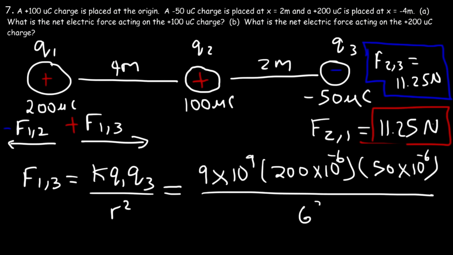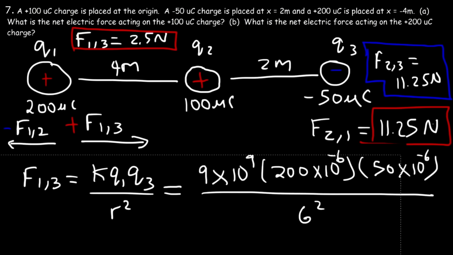So this is going to be 6 squared on the bottom. And so the force is going to be very small. So I'm going to write it over here. It's only 2.5 newtons. Because the charges are so far away, the magnitude of the force will be greatly reduced.